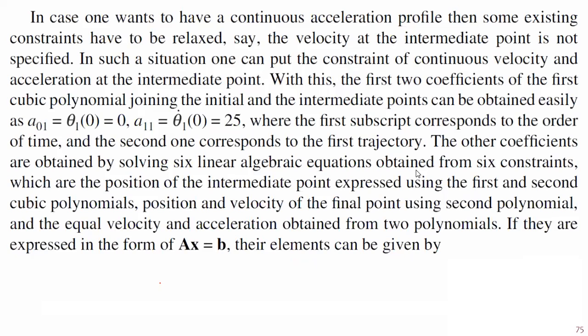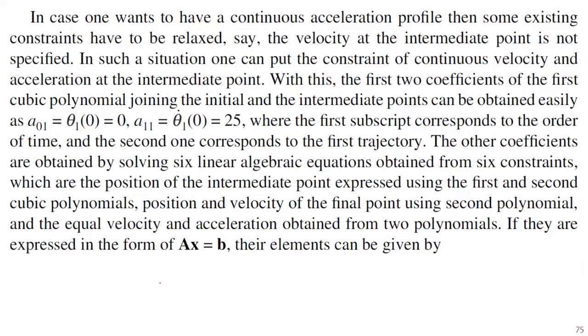In case one wants to have a continuous acceleration profile, then some existing constraints have to be relaxed. Say the velocity at the intermediate point is not specified. In such a situation, one can put the constraint of continuous velocity and acceleration at the intermediate point.